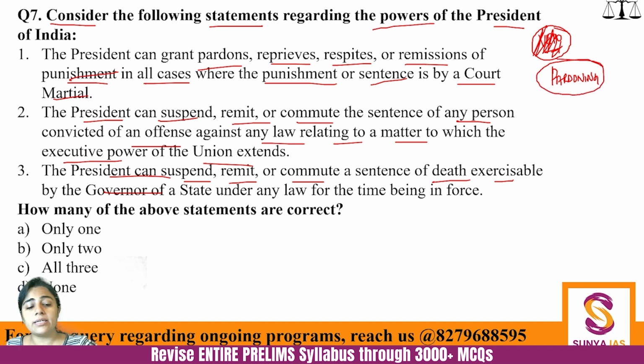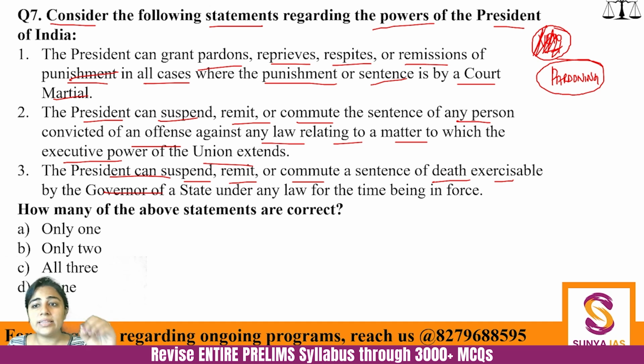Veto power is regarding the allowance and the rejection of the bills, right? So it's the pardoning power. The pardoning power of president is supposed to make sure that the final justice is not denied to people, right? Justice is not denied to the people is something that actually is the goal of this particular power.